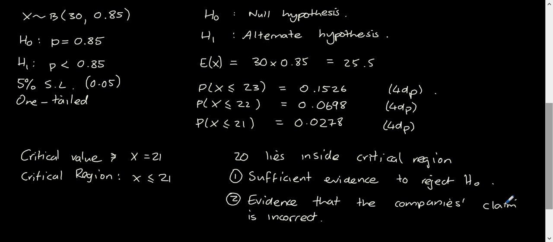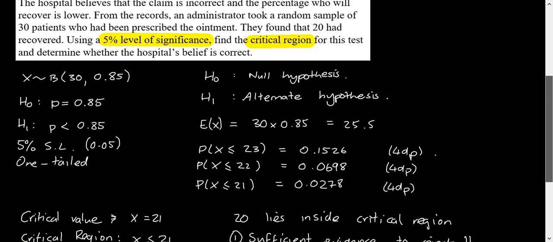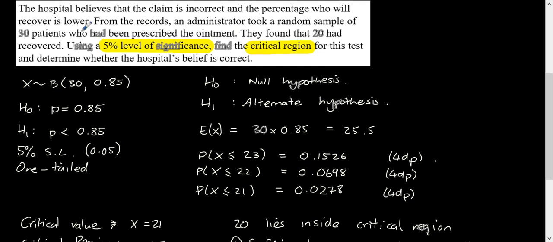So there's a lot going on there. You have to trust me that this is not a difficult process. It's always the same process, but it does rely on your intimate understanding of what's going on. So just to recap, we were told this information about an experiment. 20 out of 30 patients who had been prescribed the ointment have recovered.